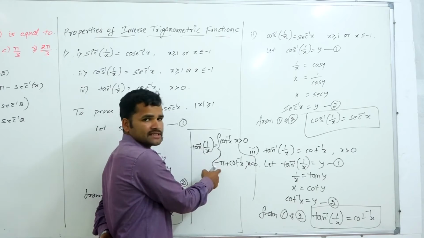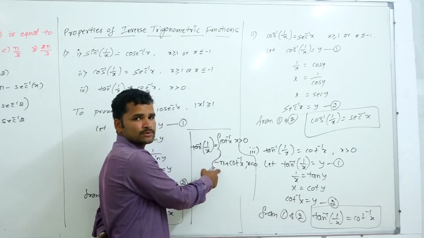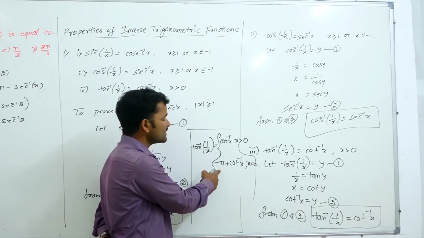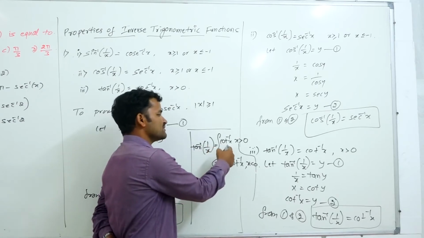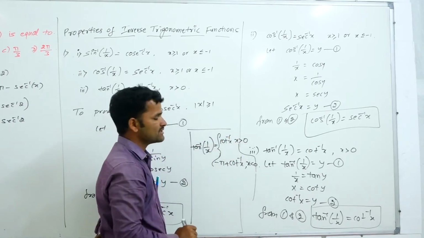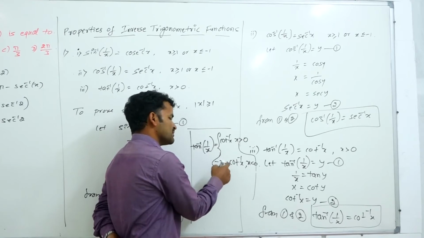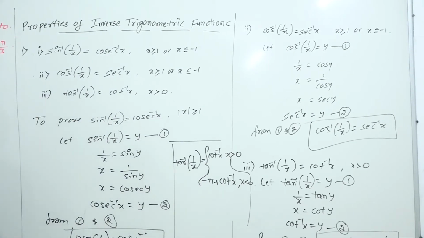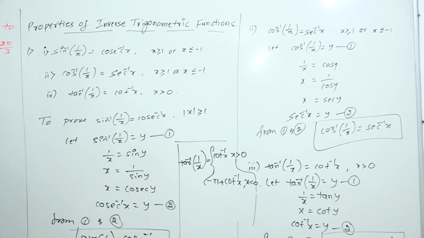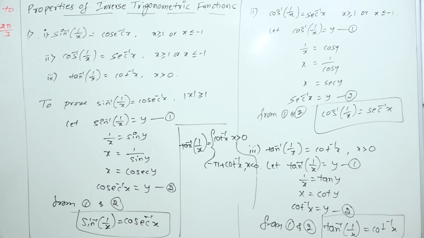Proof of this is beyond the scope of this second PUC syllabus, hence we are not doing it here. You can remember tan inverse of 1 by x is equal to cot inverse of x if x value is greater than 0. This is minus pi plus cot inverse of x if x values are less than 0. With this, 3 properties we have derived.